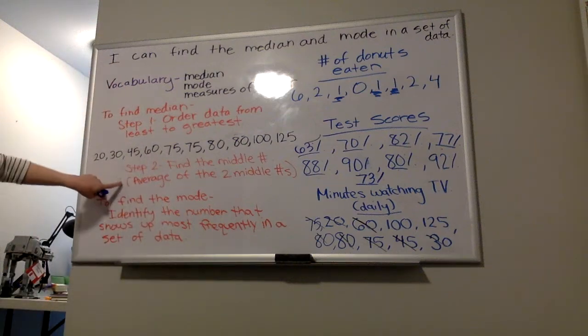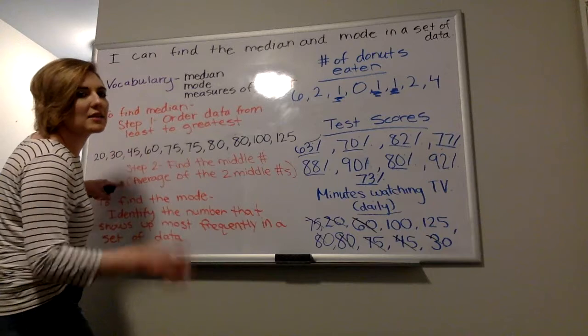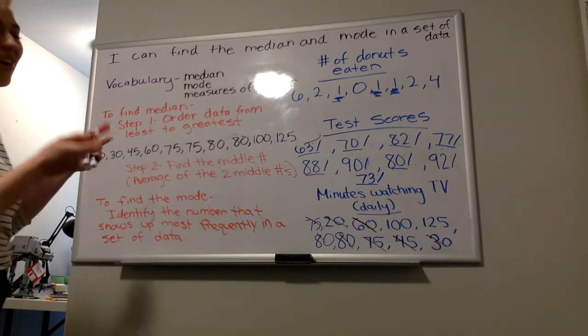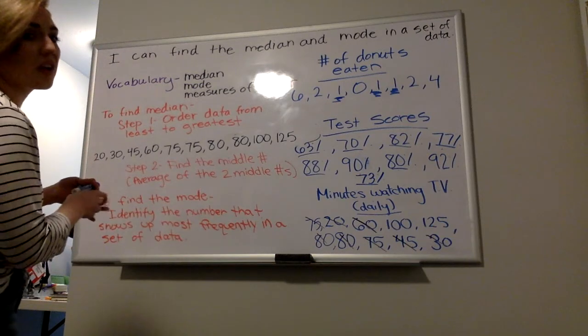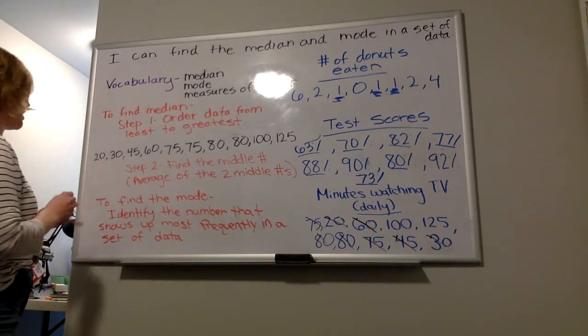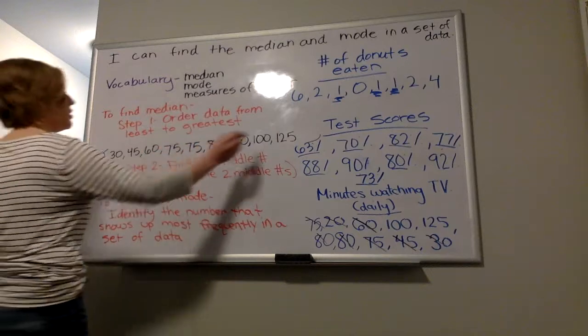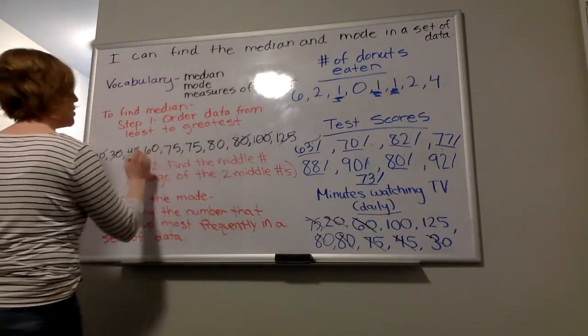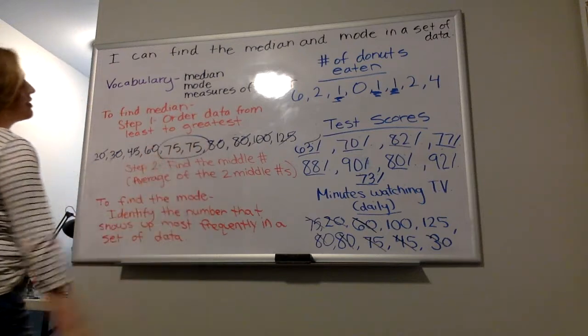Okay, so average of the two middle numbers, we're going to have to do that again because 10 is an even number, so it's not just going to give you what the median is. So I'm going to just cross them out. If you want to figure it out a different way, that's fine. I just think it's a little easier for me personally. We get rid of the smallest and the biggest. Keep going, and we get 75.